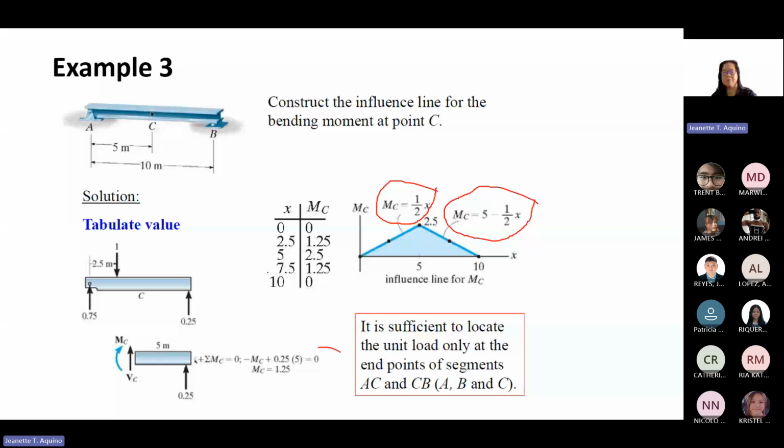And 7.5 will be 7.5 over 2, 5 minus 3.75.